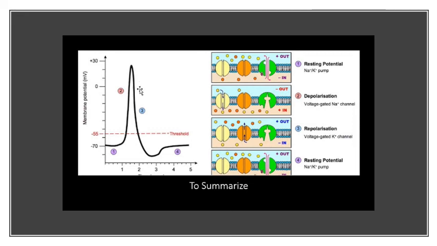This is done by opening the voltage-gated potassium channels and allowing potassium to exit the cell. We can see that in this graph here. However, the potassium is a little slower to close its channel and can cause a hyperpolarization because of that. The hyperpolarization makes it difficult for another signal to be fired rapidly. So there's a bit of a delay there.